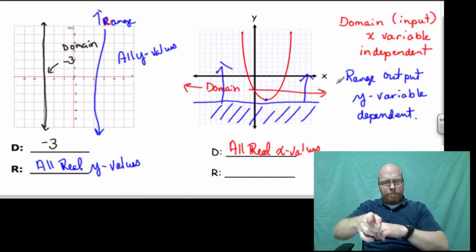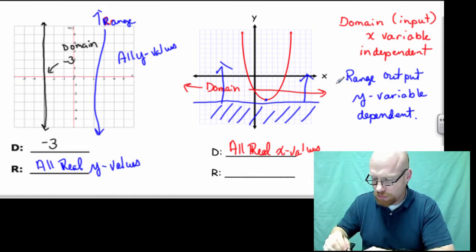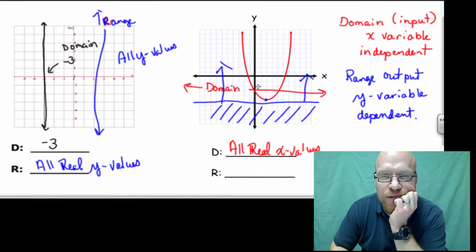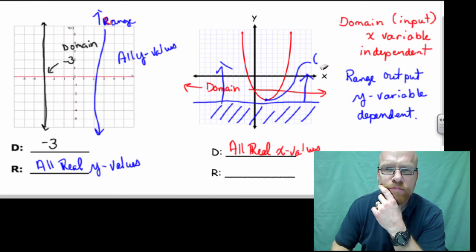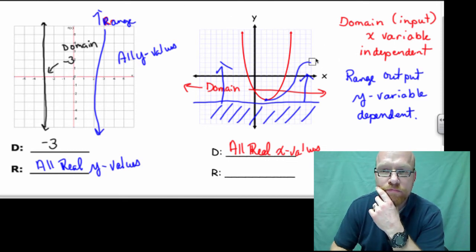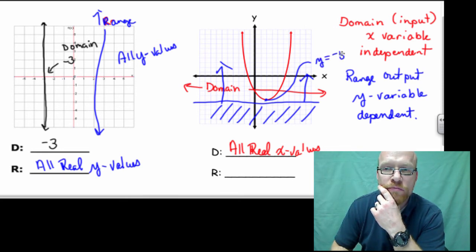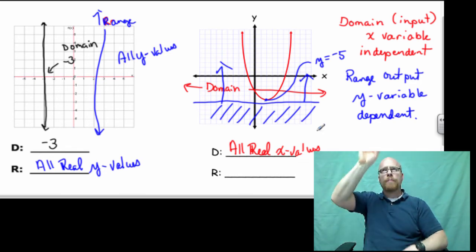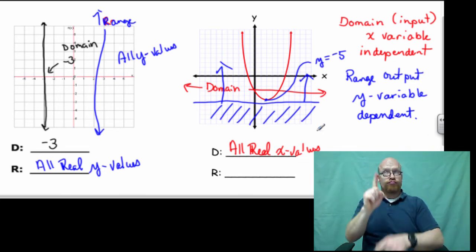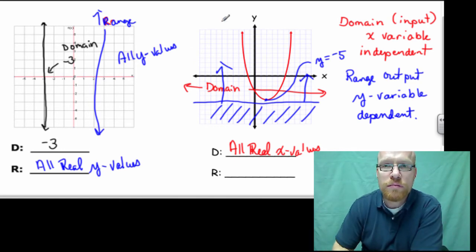So now I can see where the bottom is, where the floor is. All right, so our lowest y value is -5, and then on up are included in our range. Now where does that go? Forever, so up to positive infinity.